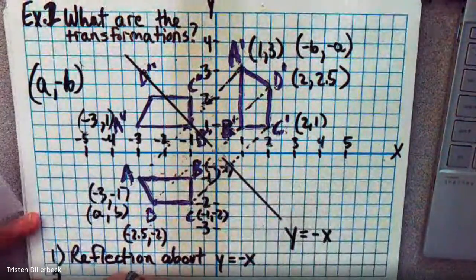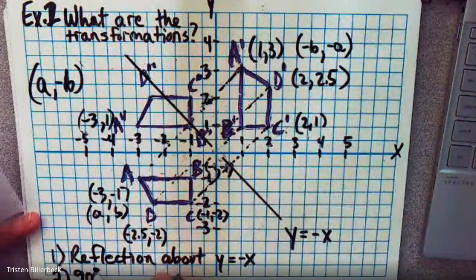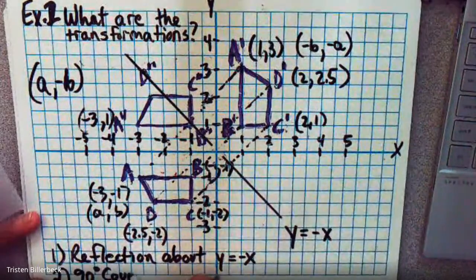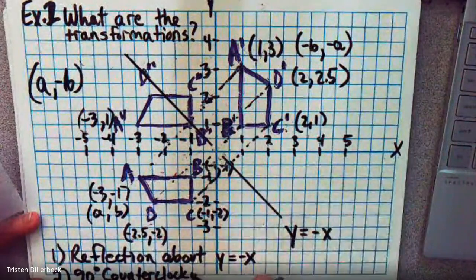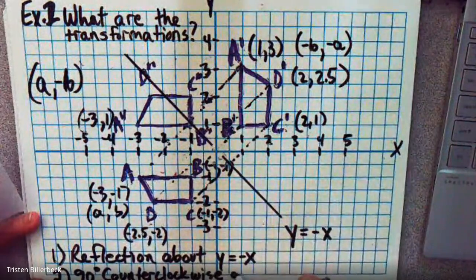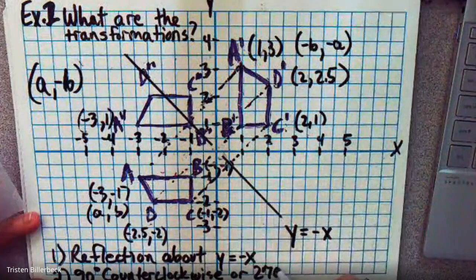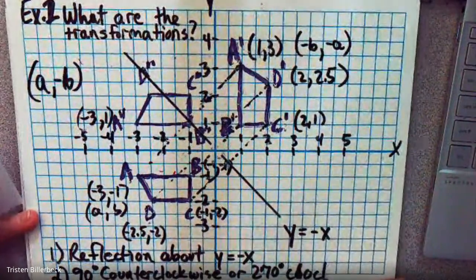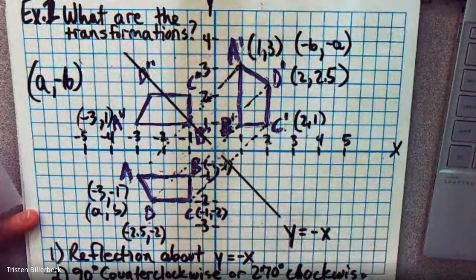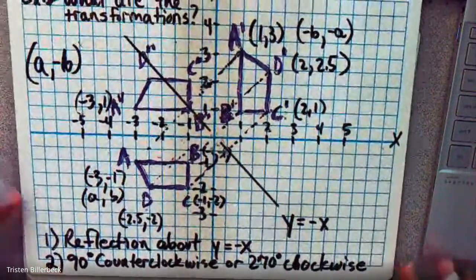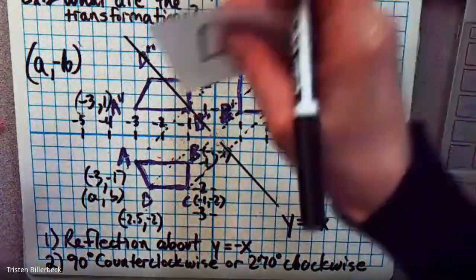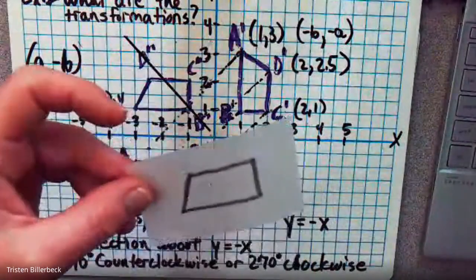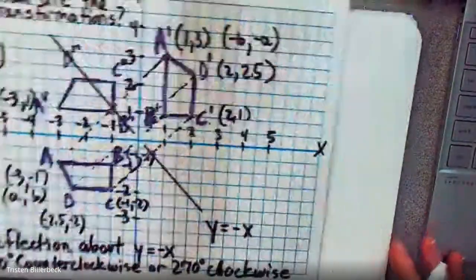So the second rotation is 90 degrees counterclockwise or 270 degrees clockwise to get to double prime. And use tracing paper when you're doing these things. It helps a lot.